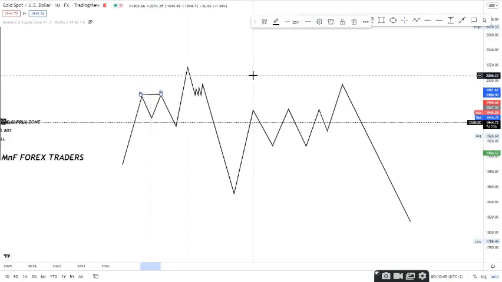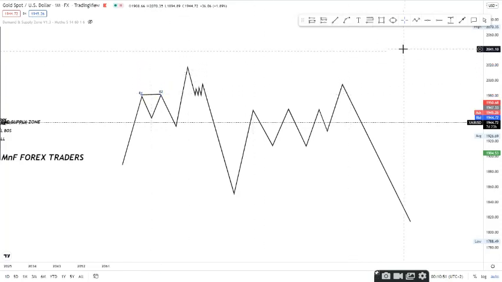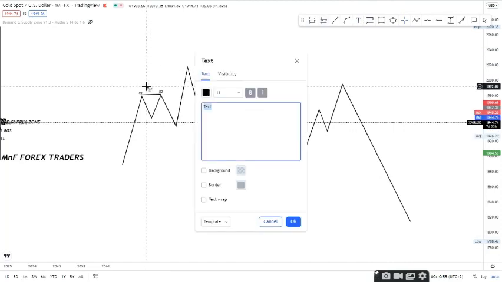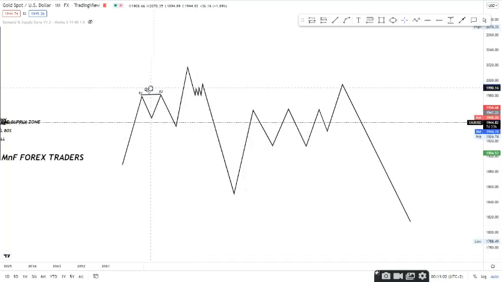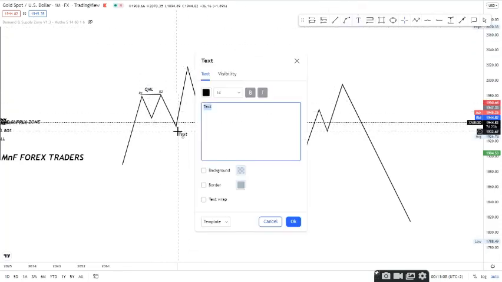So this is what you call a dual resistance QML. This is our QML. So you have your QML here, right? What's next? Then you have your low here and that break of structure.